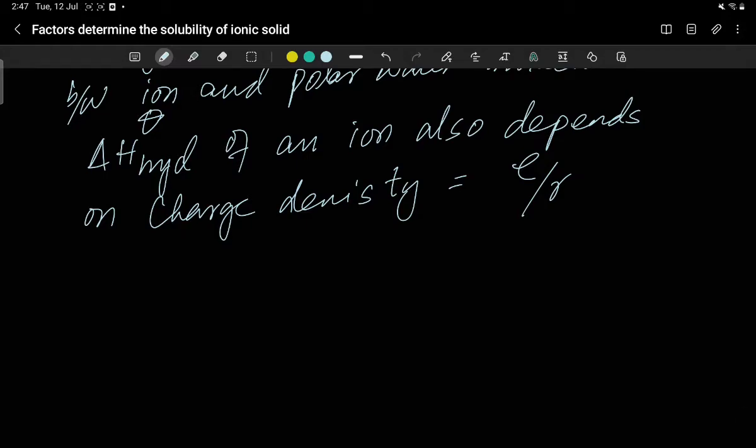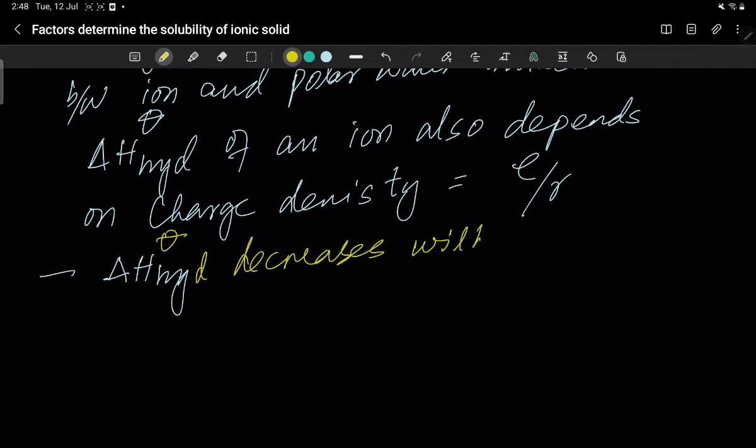But in this case, the enthalpy change of hydration decreases with increase in ionic radius.